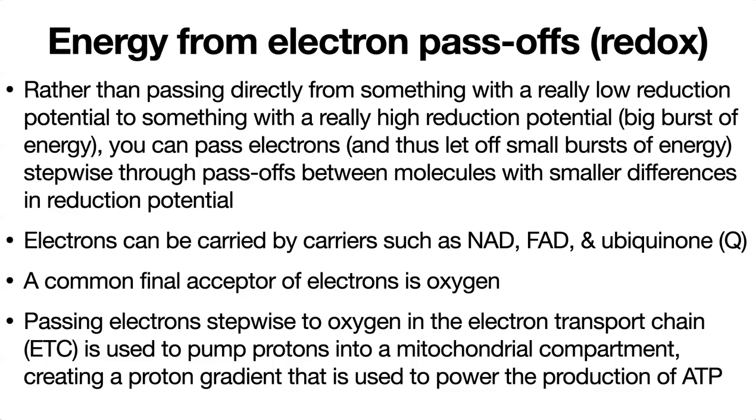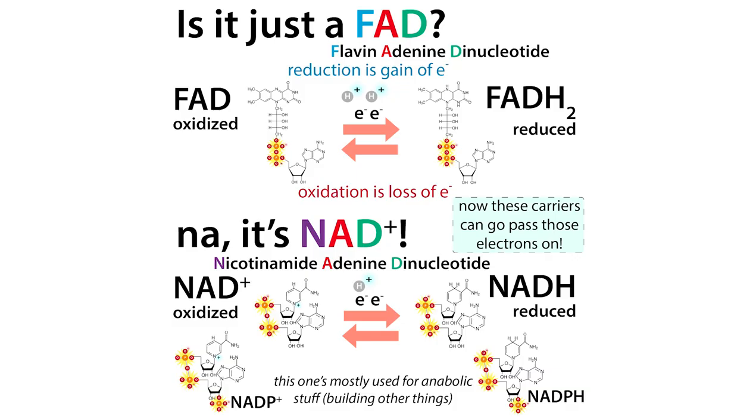Back to the story, however, of our electron transport chain, let's look a little closer at some of those carriers. So remember, a couple of the main carriers that we use in biochemistry are going to be our NAD and our FAD. So we have NAD plus gets reduced to NADH by taking that hydride, and we have FAD gets reduced to FADH2.